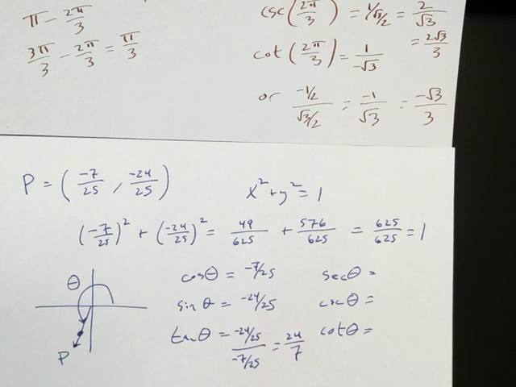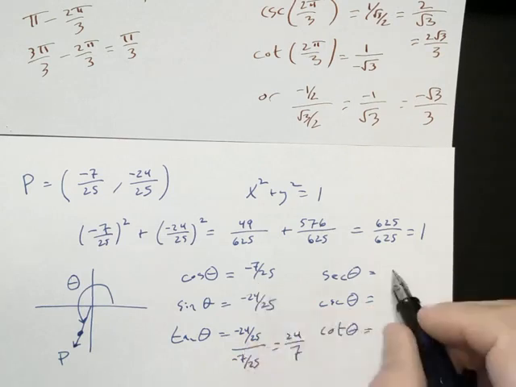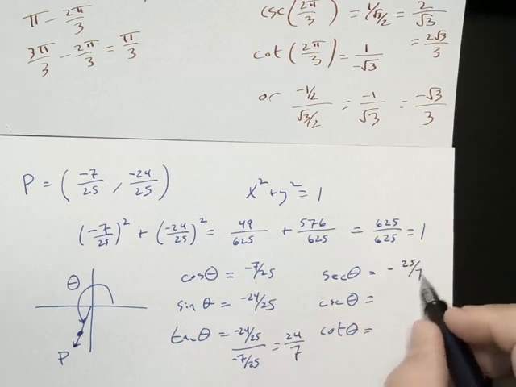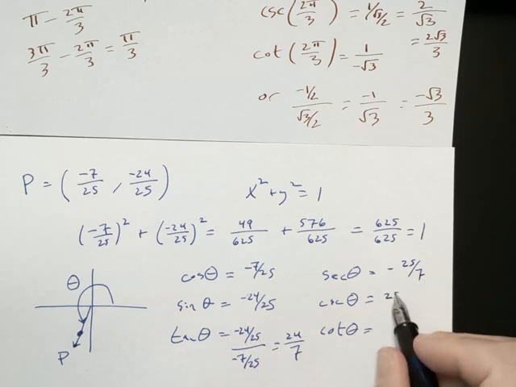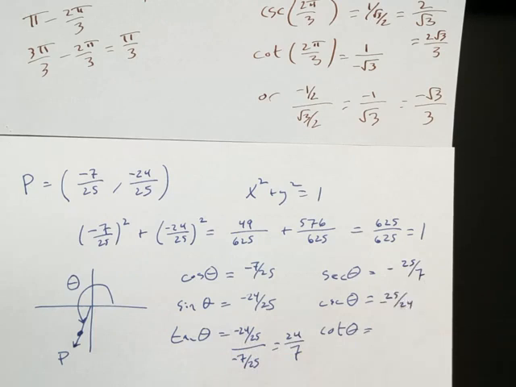And then secant's 1 over x, that's 1 over cosine, so I flip this one over. Cosecant is 1 over y, so I flip this one over. And cotangent is x over y, but it's also 1 over tangent, so I can just flip this one over.